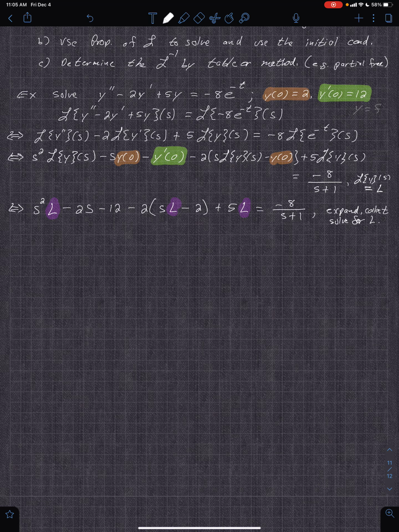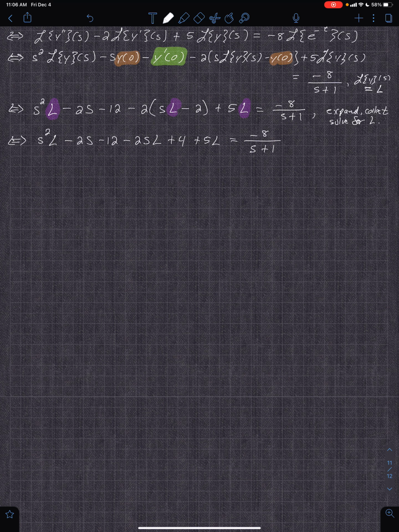So you can pause and do that if you want at this point. So you get s squared L minus 2s minus 12 minus 2sL plus 4 plus 5L equal to negative 8 over s plus 1.